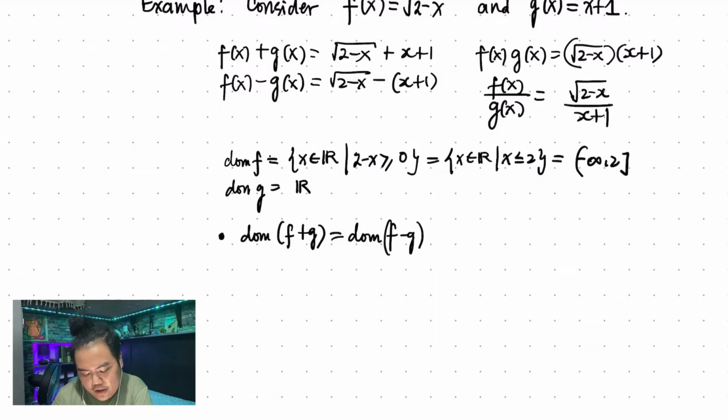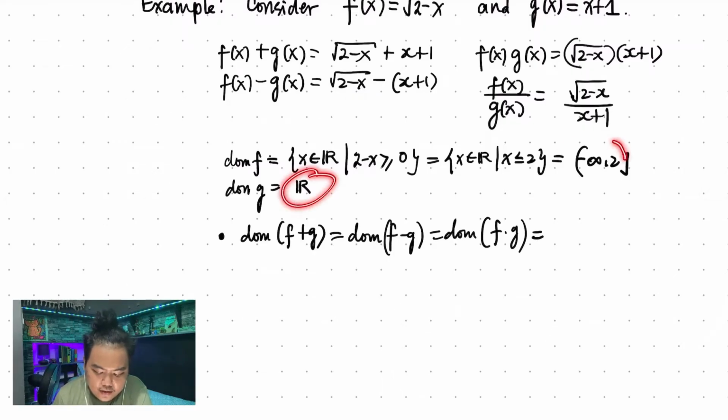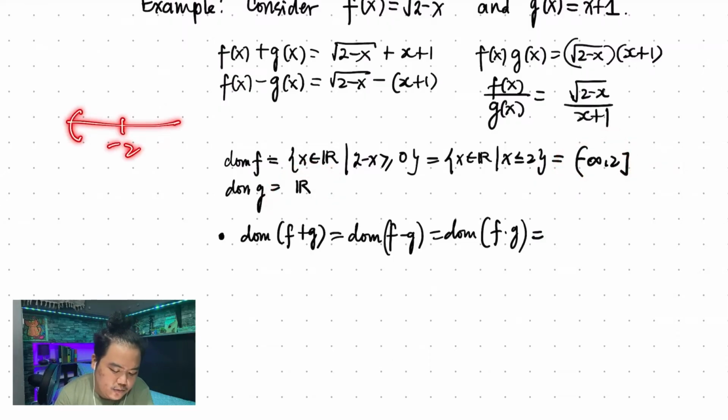F minus g, f times g. Intersection nito. And what is the intersection of these two? Pag dinrawing mo sa number line, 2, tapos yung isa buong number line. Ang common dyan ay itong portion na to. So, negative infinity to 2.